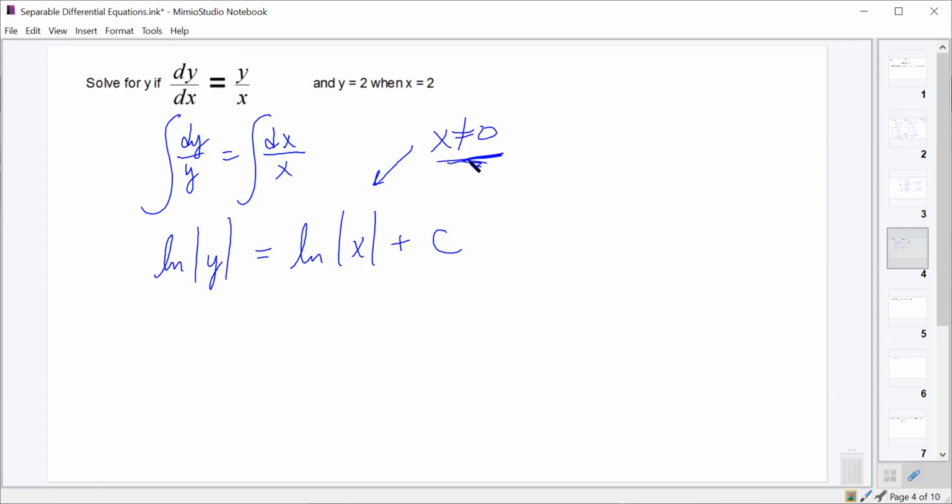Anything that you get along the way between as soon as you've integrated and your final y equals, you have to keep those domain restrictions. So x cannot be 0 because we cannot take the natural log of 0. X can be negative because we're taking the absolute value of this x and then taking the natural log, so that's okay. But you have to keep this domain restriction of x can't be 0 in mind the whole time we're working through this. Good?